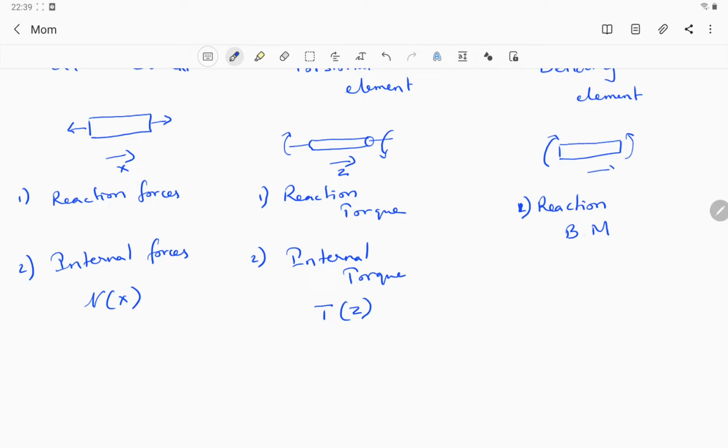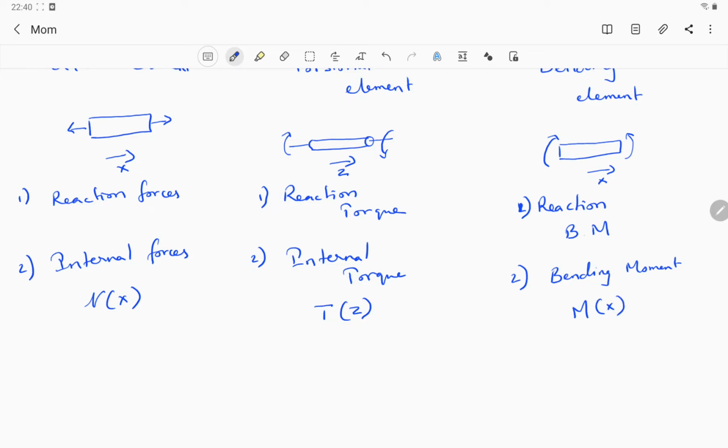In bending moment, once again this is going to be X, so our bending moment, which we are going to denote as M, is also going to be a function of X.